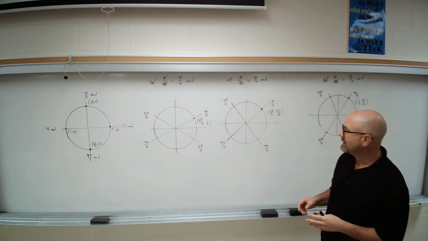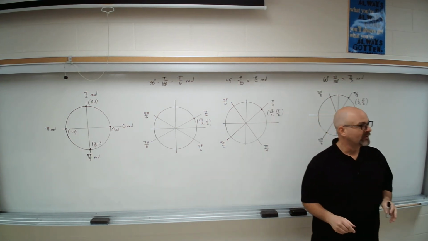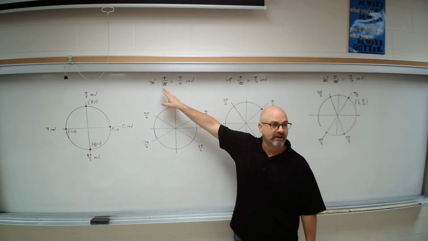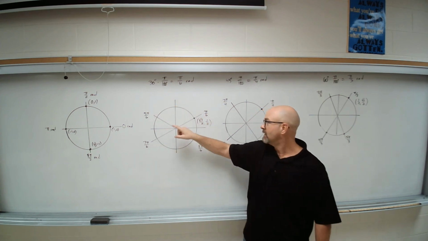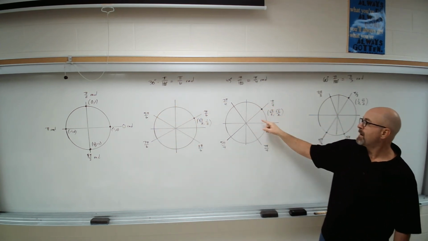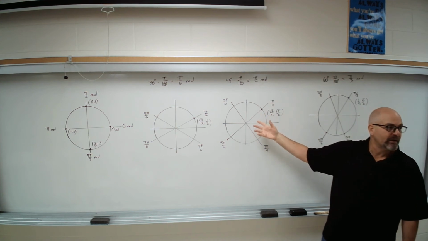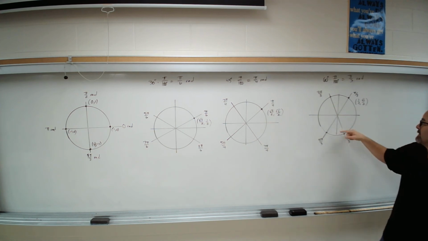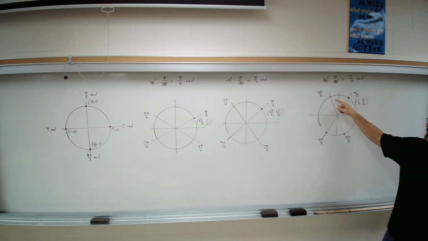But anyways, there's a bunch of patterns though. Do we see how all these things that are basically versions of the 30-degree reference angle, these are all over 6? Okay. A pi over 4 reference angle or a 45-degree reference angle, these are all over 4. Here, a 60-degree reference angle or a pi over 3 reference angle, these are all over 3.